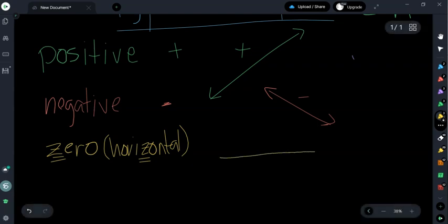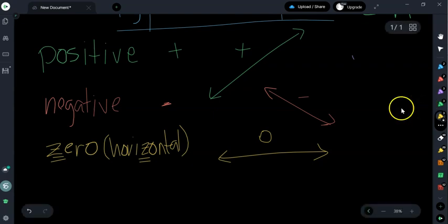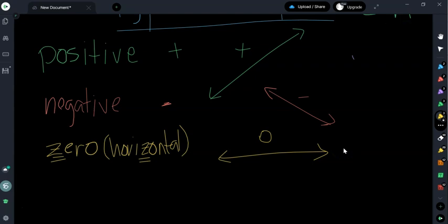If I've got a line that runs horizontally left to right, the slope of that line is 0 because that line is never changing. It's constant. The green, we're increasing left to right. The red, the negative, we're decreasing left to right. The 0, we are not increasing or decreasing. We are at a constant rate of change.